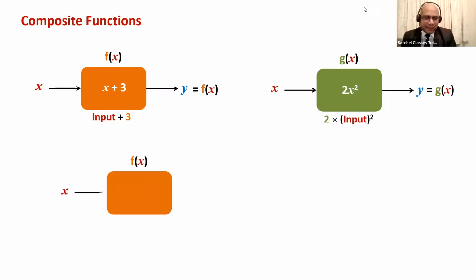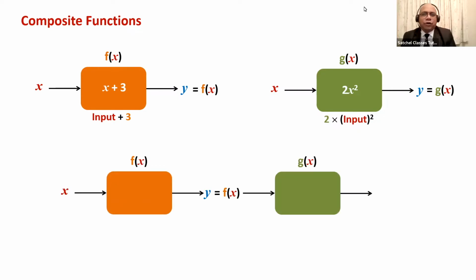Now, how do we define composite function? Let's say we have f of x, and the output of f of x is fed into g of x. What do we get? As you can see, if the input was x into g, the output was g of x.